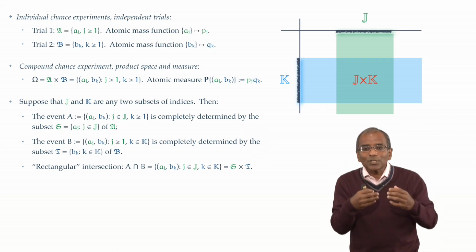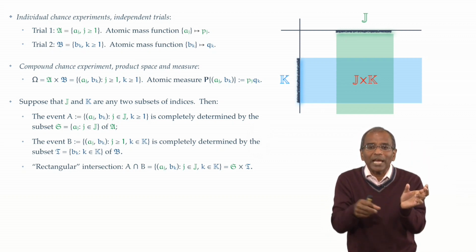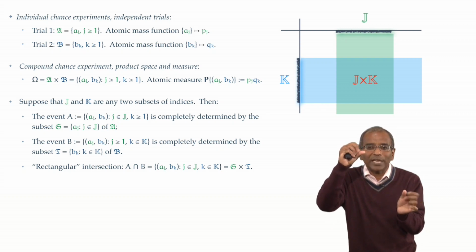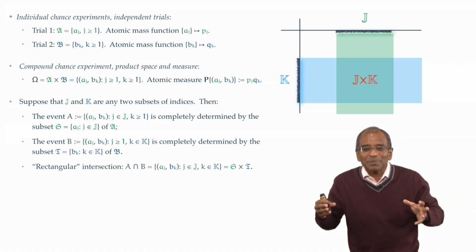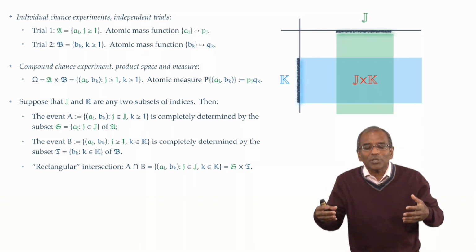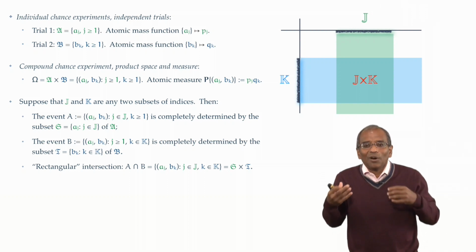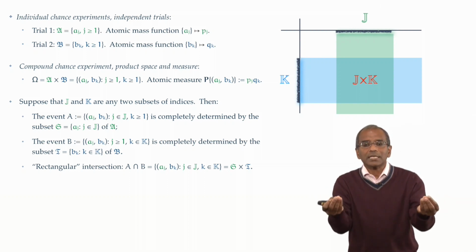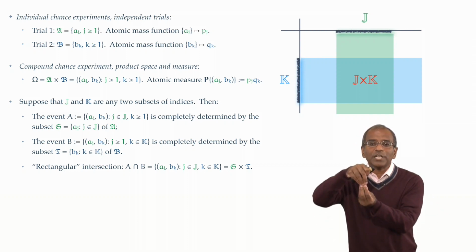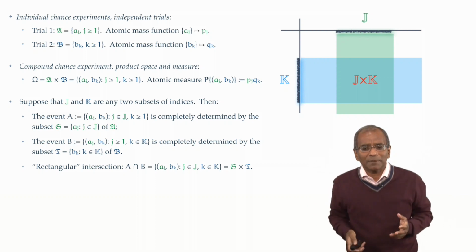The intersection of those two give you indices where the first element is in blackboard j and the second element is in blackboard k. In other words, you get visually a rectangle. Now we abstract this principle and call such sets in general rectangular sets. All this means is that the first element varies freely over some set, the second element varies freely over some other set. And the result is what we call a rectangular set.